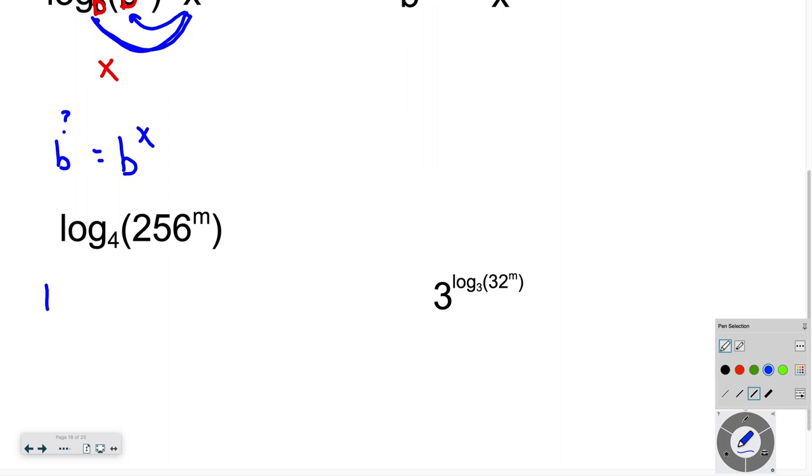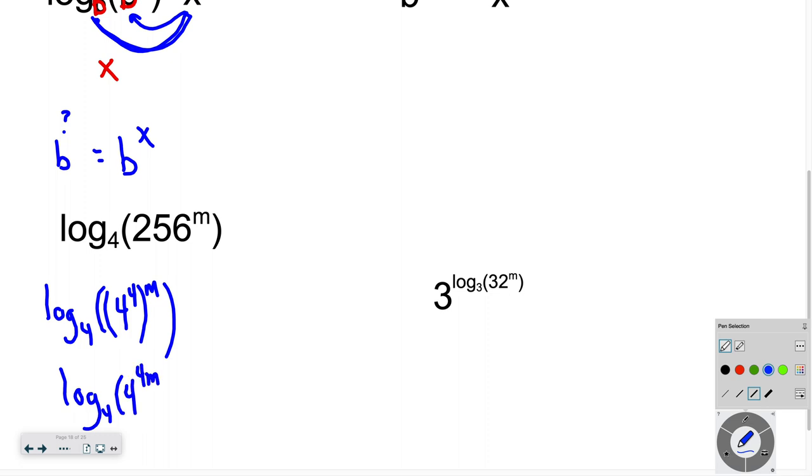But we're looking at it as log base 4 of 4 to the 4th to the m, which is really log base 4 of 4 to the 4m exponent, right?